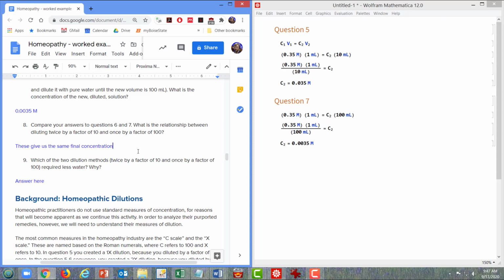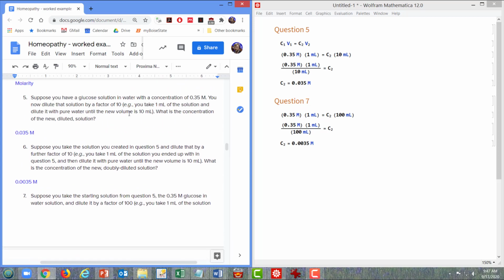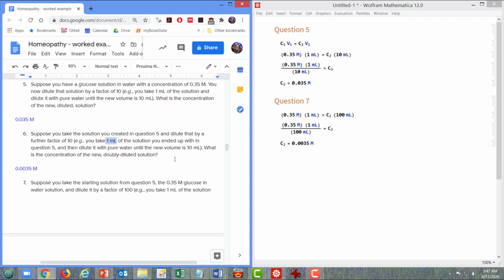Well, let's see. In the first case, we took 1 milliliter and diluted it with pure water until it was 10 milliliters. So we added 9. For the second step of that process, we did the same thing. We took 1 milliliter of that intermediate solution and added 9 more milliliters to it.